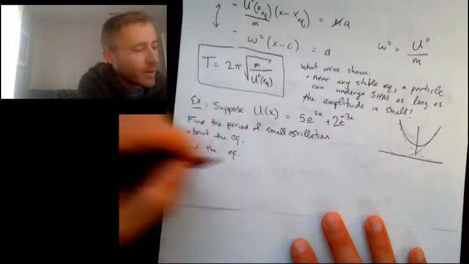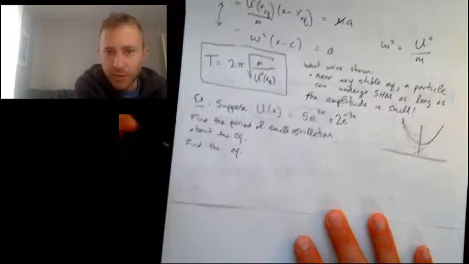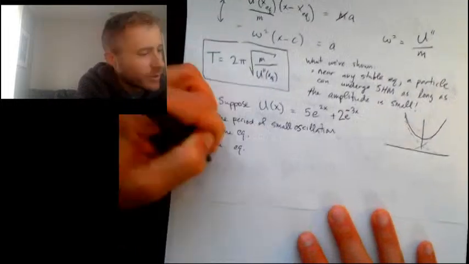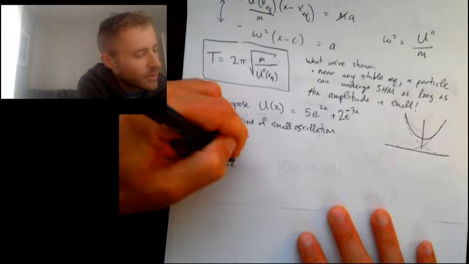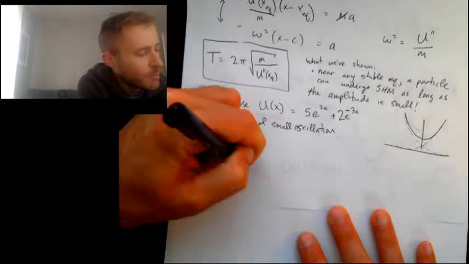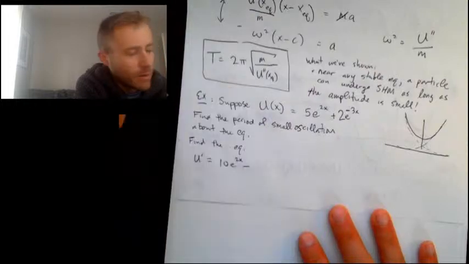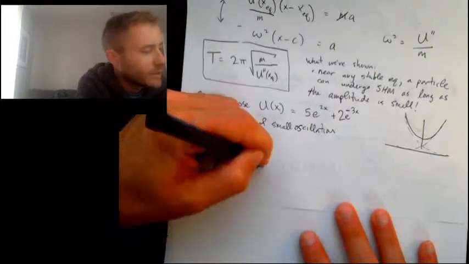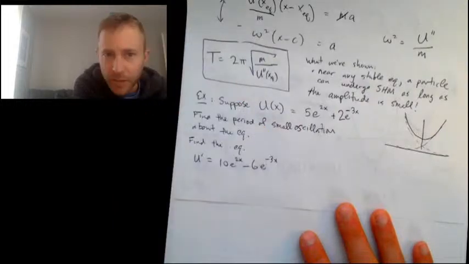So the first thing we have to do is find the equilibrium. And so what I'm going to do is calculate U prime. So U prime is going to be 10 e to the 2x minus 6 e to the minus 3x. So I'm taking the derivative of an exponential function there.